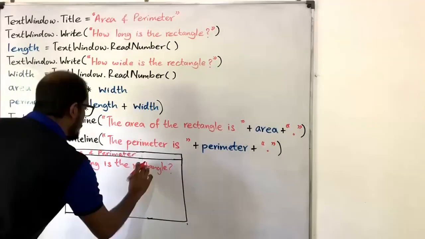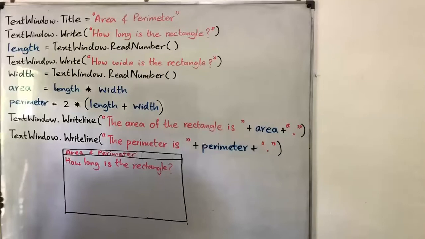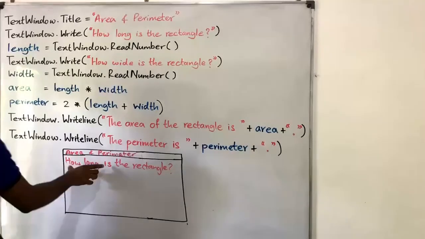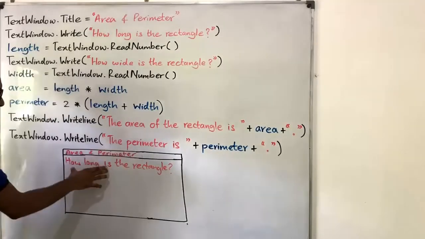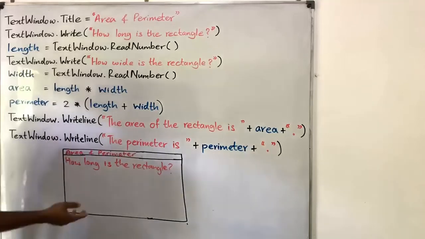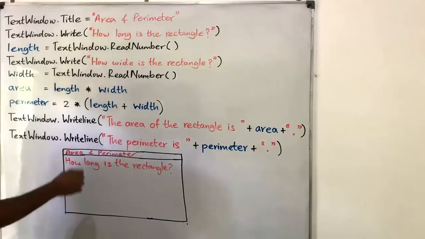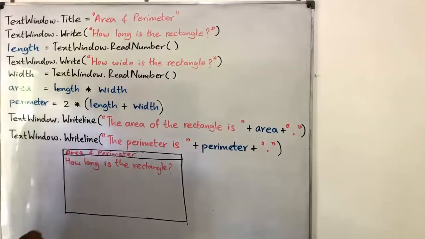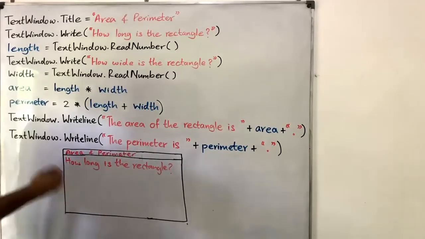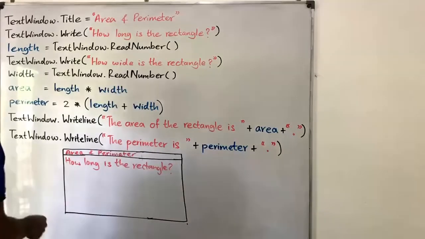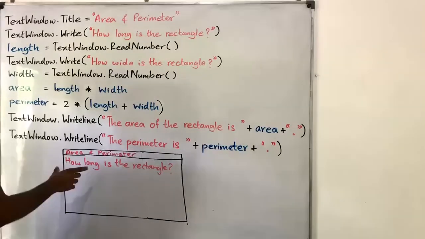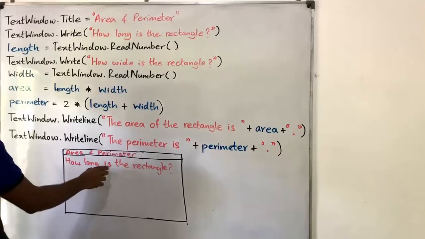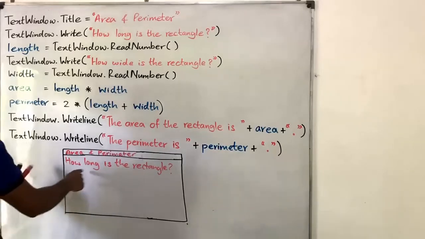Now the program is asking a question of the user. So now the user should answer this question. What should you or I do? We should give a value to this question, meaning how long is the rectangle.